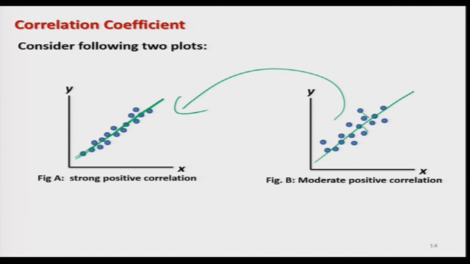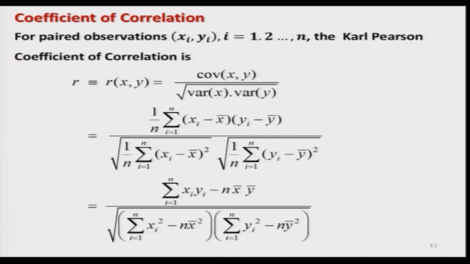So, if most of the points are lying very close to the line, then we say that there is a strong positive correlation. In comparison, in this picture the points are lying close to the line, but not as close as in the first picture. So, we say that there is a moderate positive correlation, and the same thing can be done for the negative correlation also.